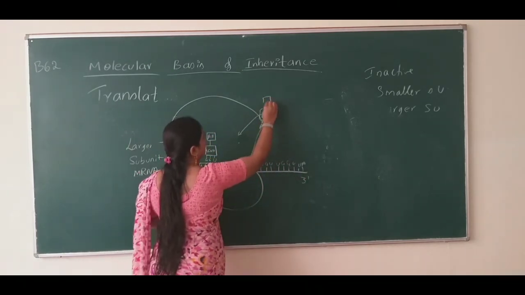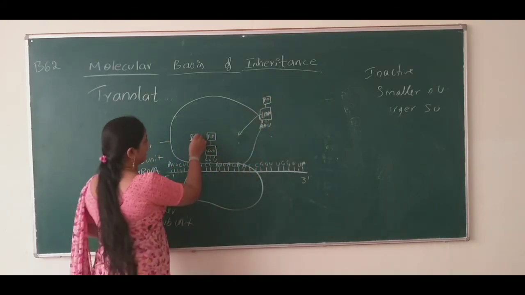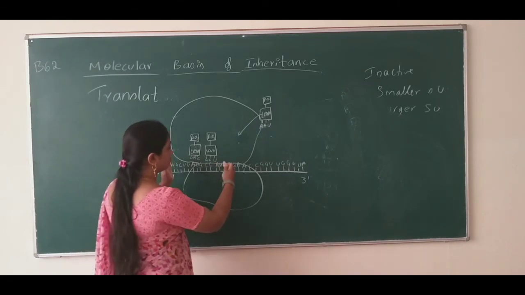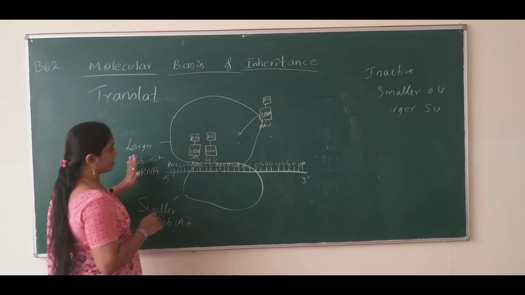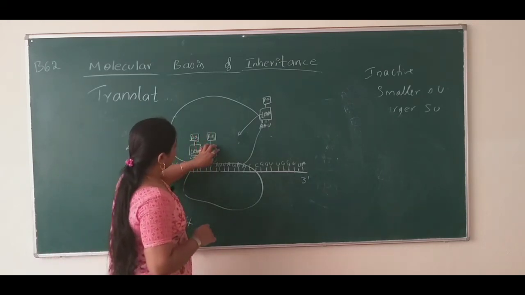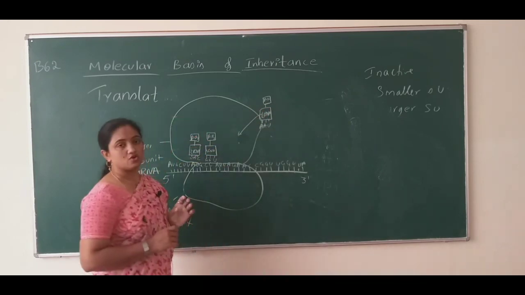And what is that? The third amino acid. When the ribosome moves forward, what will happen? This tRNA detaches, and the next tRNA comes and binds to this triplet codon.